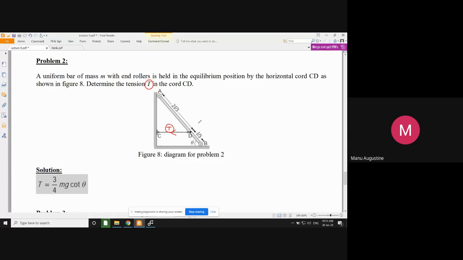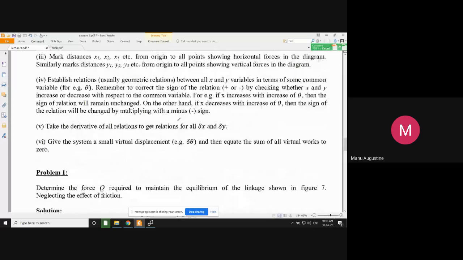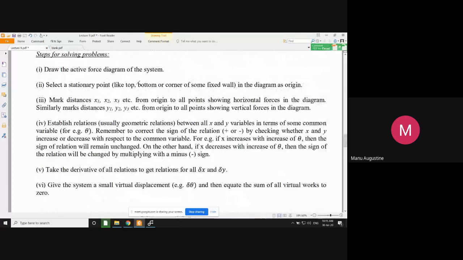Okay. So now what we will do is we are going to apply the concepts and the steps of virtual work that we learned in the previous class, and we are going to apply them in this problem to find the value of tension T. Okay, so let us go back to the steps here. So we will be coming back and revisiting this page so that we can take the steps one by one.